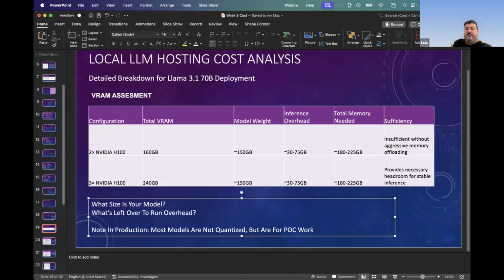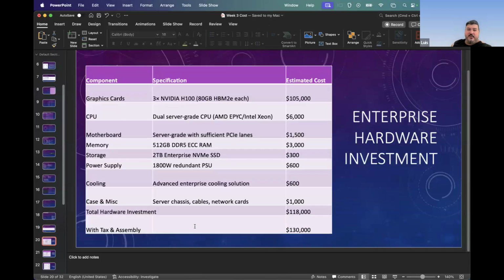And like I said before, for production, most models are not quantized; that's only made for POC work. If you want to see if this is working well, you don't have to have all the costs up front. But once you get into production and you're using this across the enterprise with a local model that's stored, you need to think about these costs.